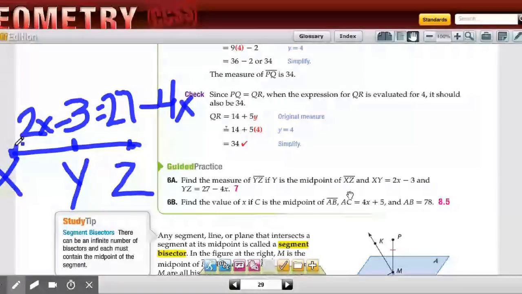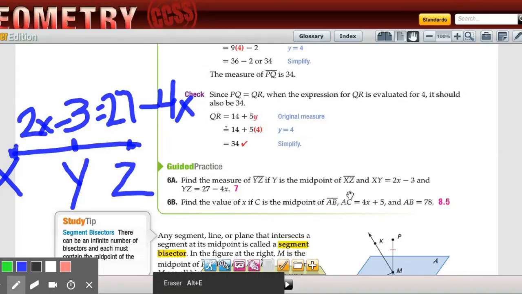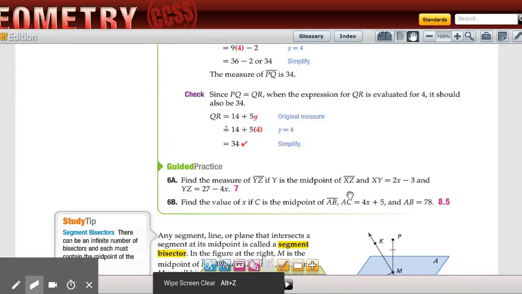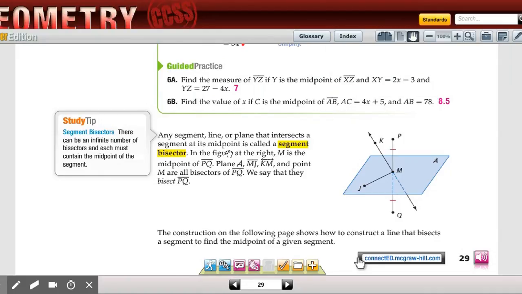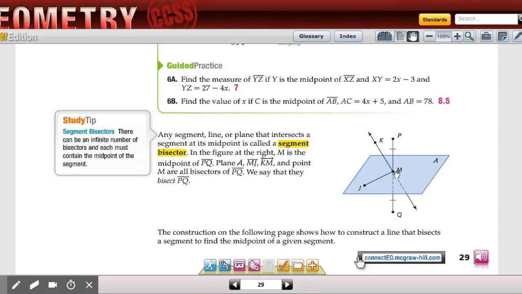That's all it is. The next part talks about segment bisector. Oh, that must be the end of the page. Segment bisector. It says any segment, line, or plane that intersects a segment at its midpoint is called a segment bisector. All right, so it should make sense, and it shows you here that M is the midpoint of PQ.